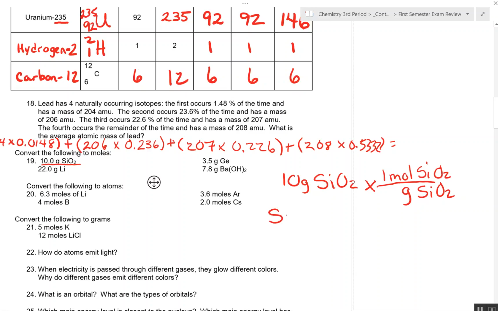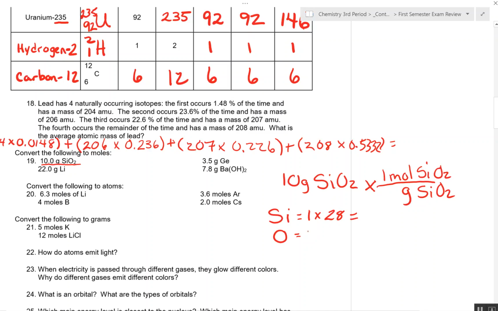Now, we're going to go Si and O. How many Sis do I have? How much does it weigh? Look on your periodic table. This is 28.0855. So we'll just call it 28.